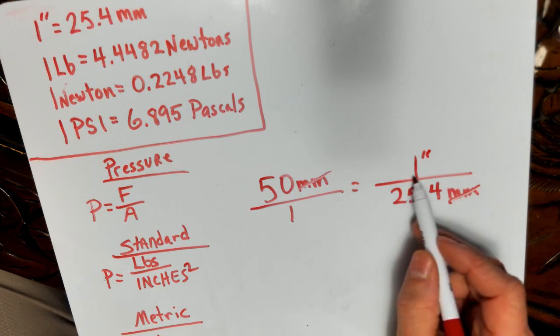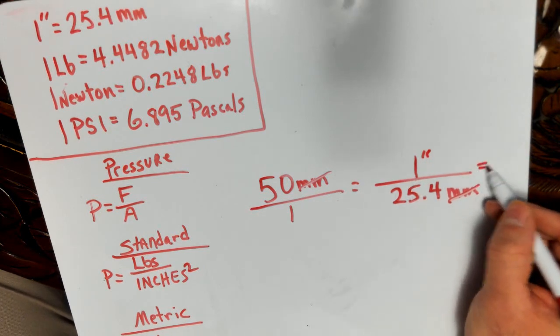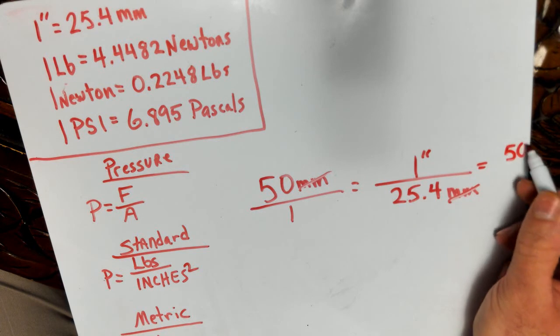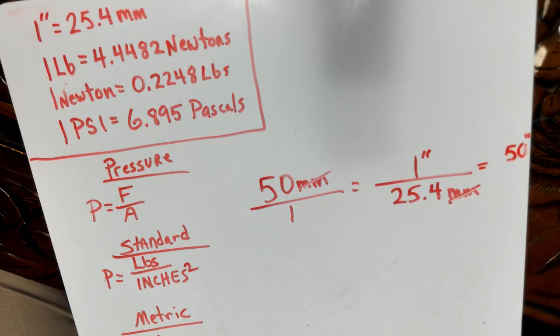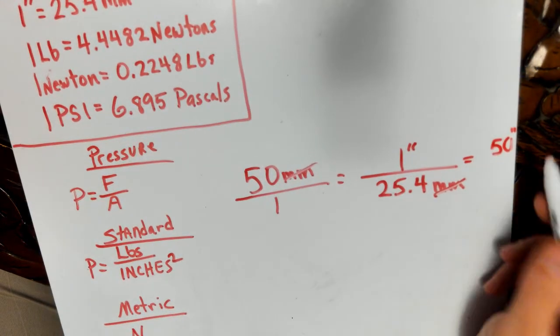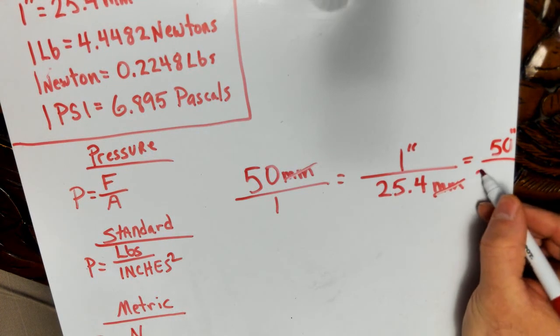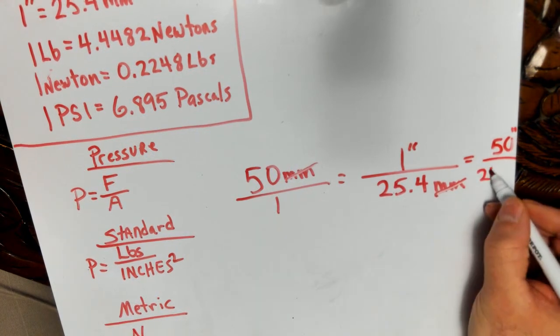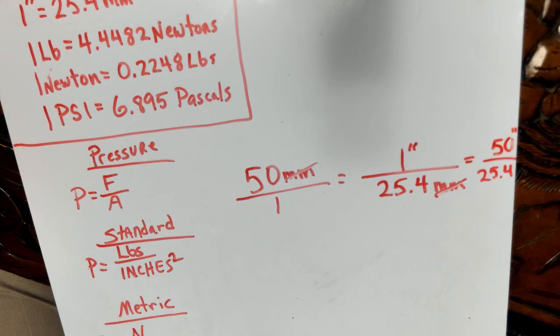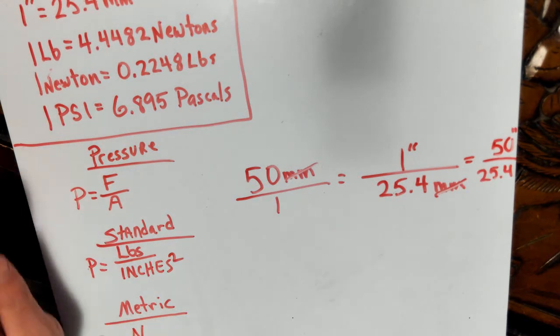So again, 5 times 1 equals 50. Bring your inches over and divide it by 1 times 25.4 is itself. So all you have to do, grab you a calculator, and again, 50 divided by 25.4 is 1.9685.